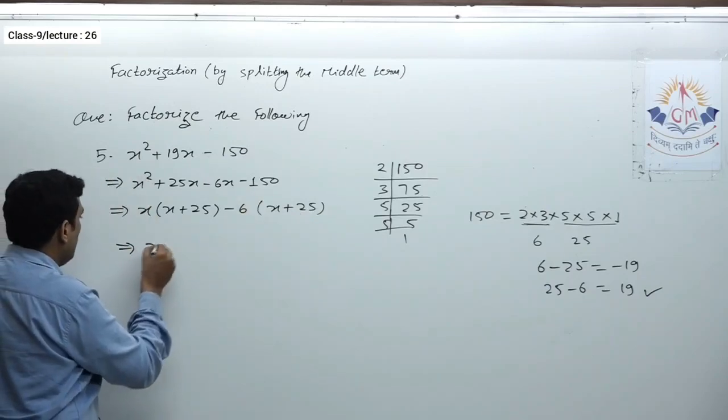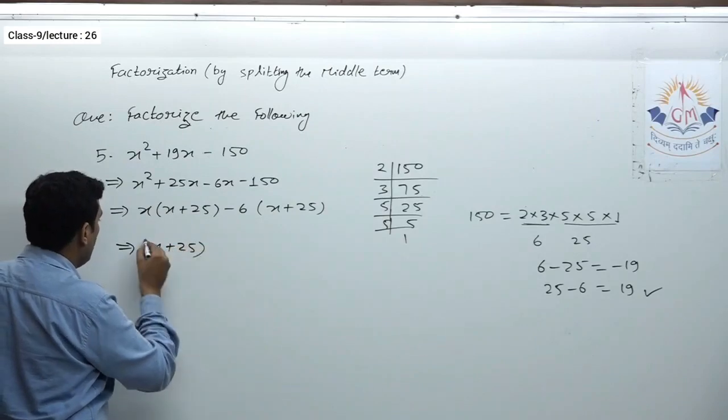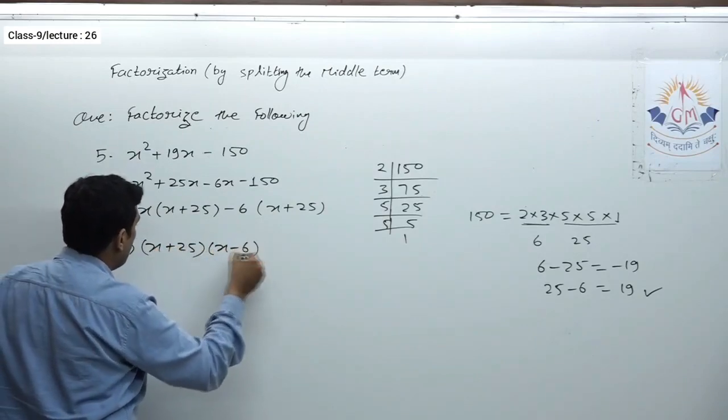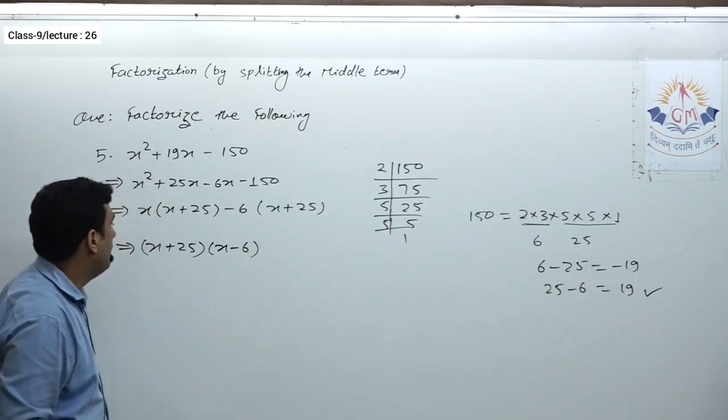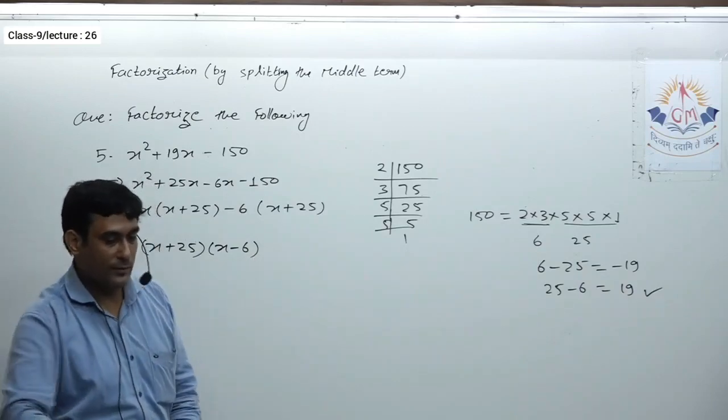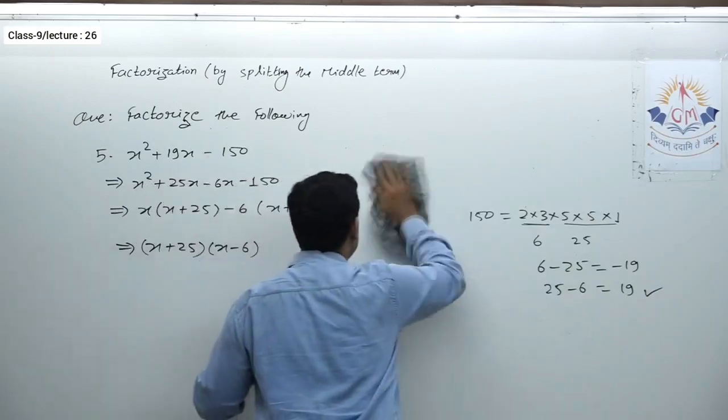From these two I will take x plus 25 common, so here x minus 6. So these are the factors of the given expression.